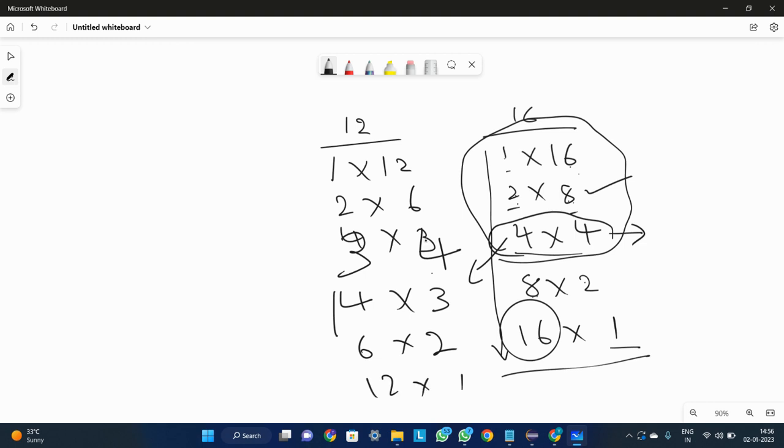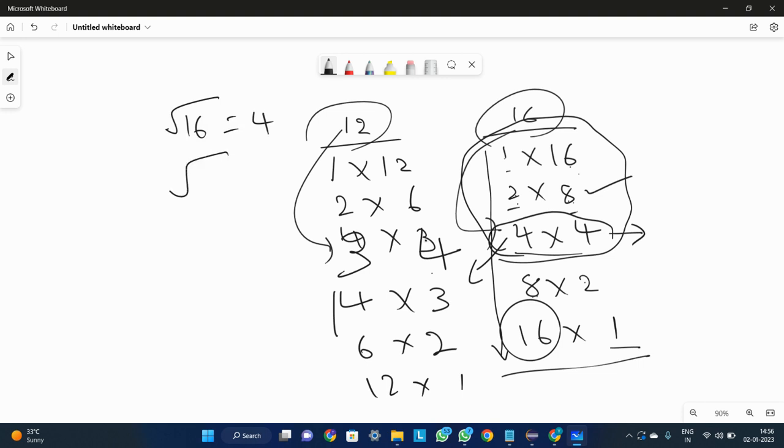That means the relation is 12 to 3, 16 to 4. If you observe, it is nothing but the square root. If you take the square root of 16, it is 4. If you take the square root of 12, it is between 3 and 4, 3 point something, but it is an integer, right? We don't take float, so we will take 3.